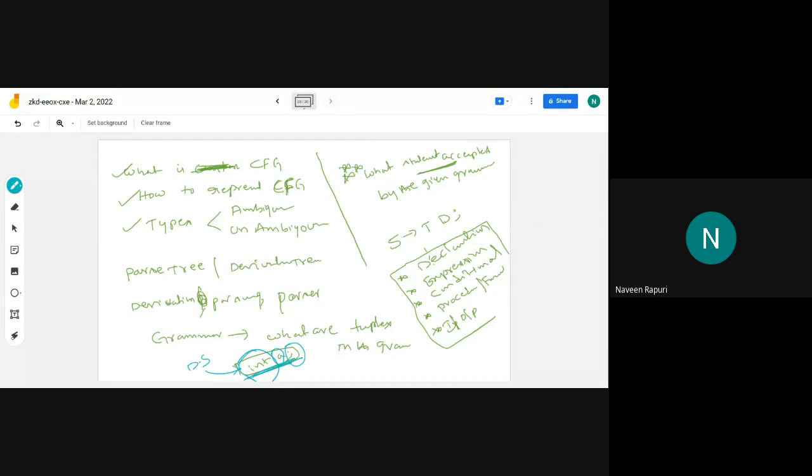Sir, how can we say? This starts with the data type followed by the variable name and ends with a semicolon. That structure is the declaration statement structure. So that's why we can say this is the declaration statement, like this is the expression statement, like this is the conditional statement.